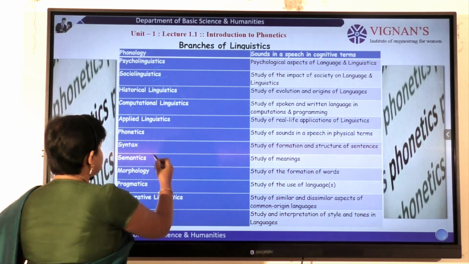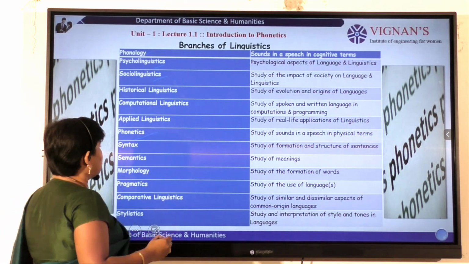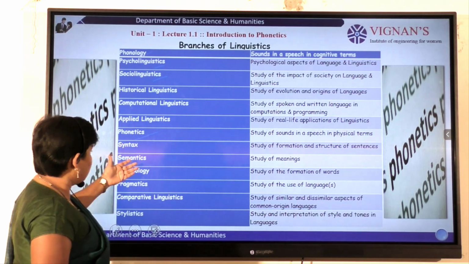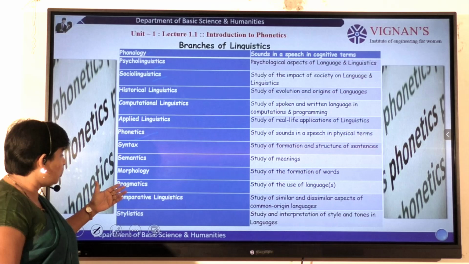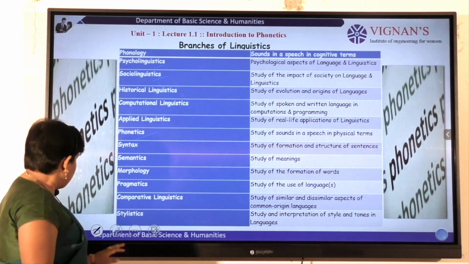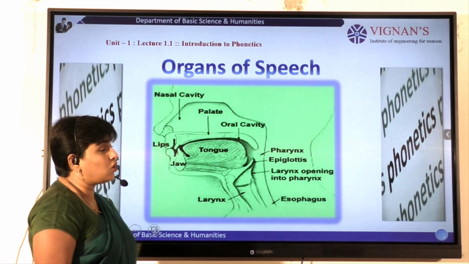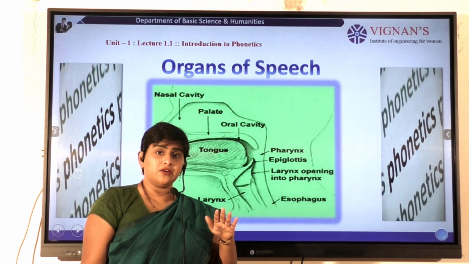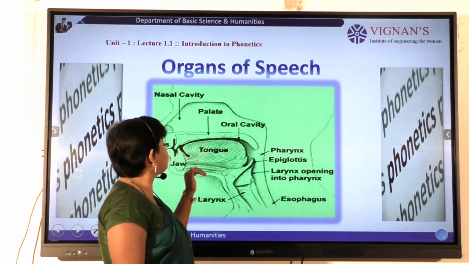Similarly, phonetics is how sound, speech and the physical terms of sound are produced. Similarly, there are other branches like syntax, semantics, morphology, pragmatics and comparative linguistics. Moving on, let us focus on linguistics, in which we are focusing on phonetics.